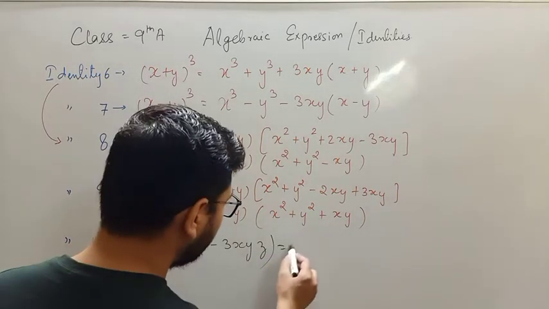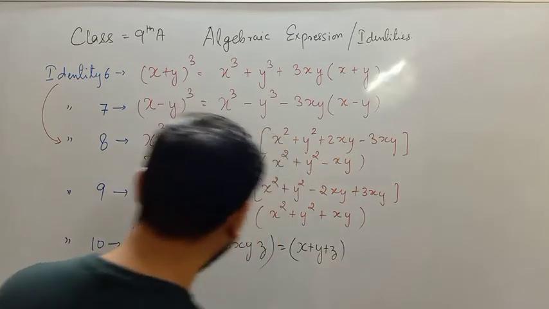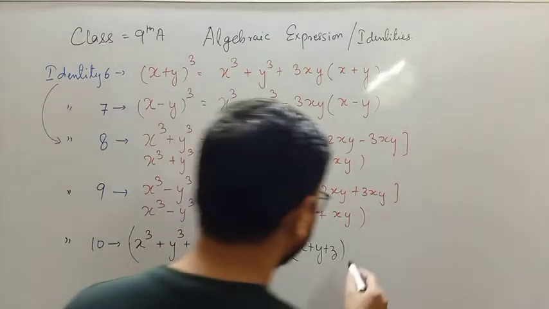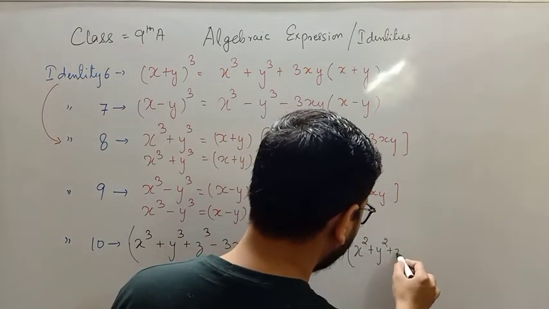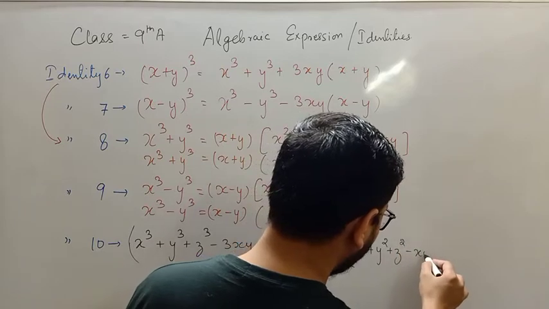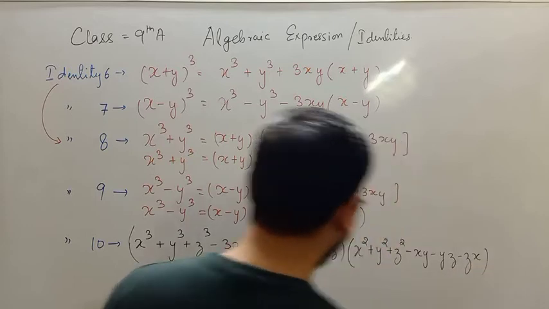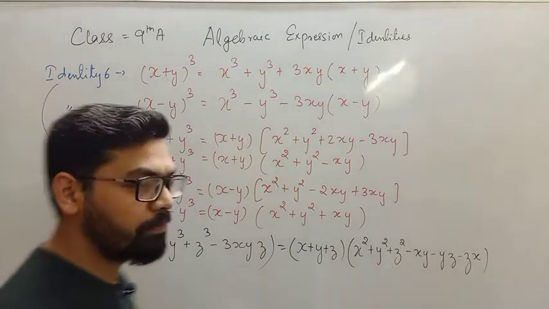This will give you x plus y plus z. In the bracket you have x square plus y square plus z square minus xy minus yz minus zx. This is the most important identity that you are going to learn in exercise 2.5.